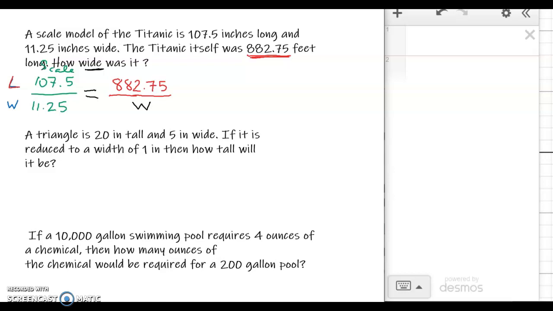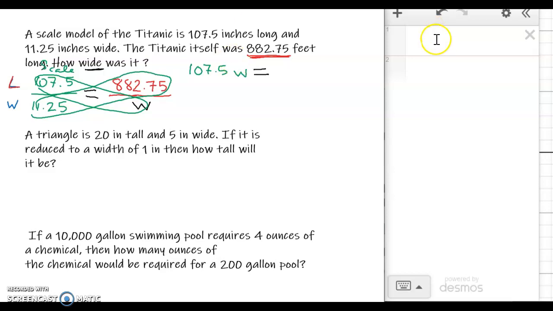Now since I have a proportion here, I can go ahead and cross multiply these. Only when it's an equal sign is this allowed. So I'm going to cross multiply those, and cross multiply these. When I do that, I get 107.5 W. Sometimes when people cross multiply, they don't know what to do with the two values. We're keeping an equal sign in between them.